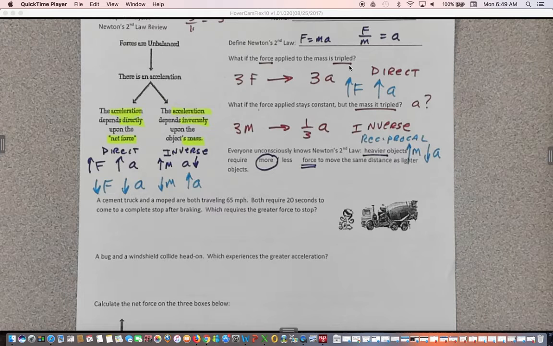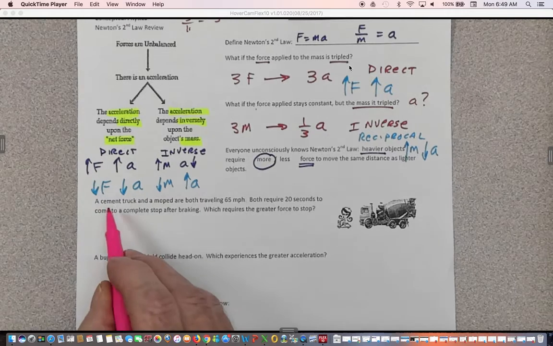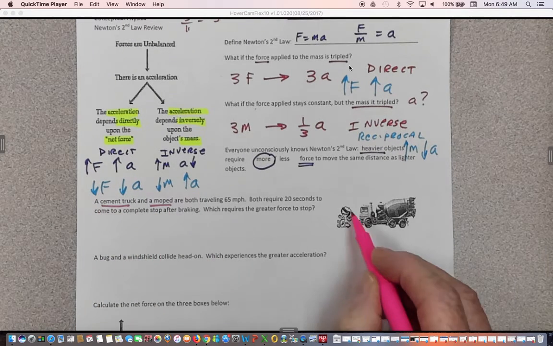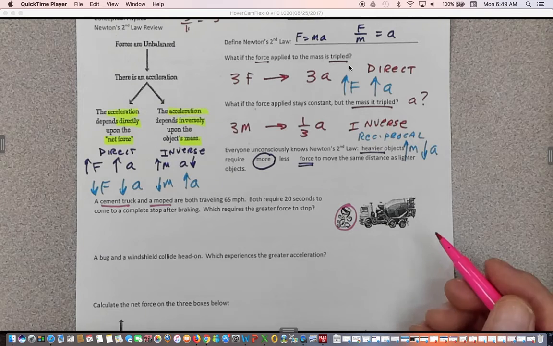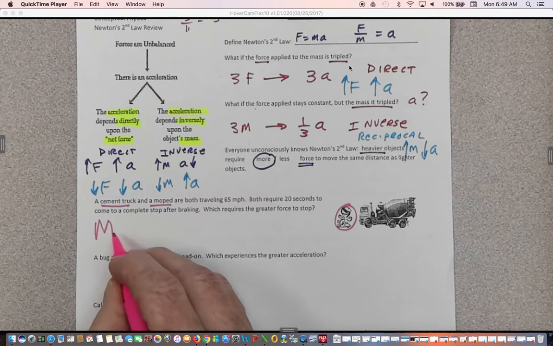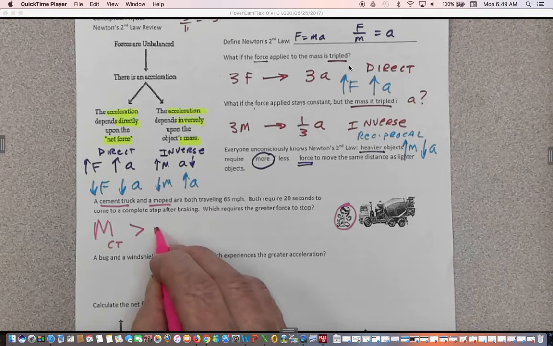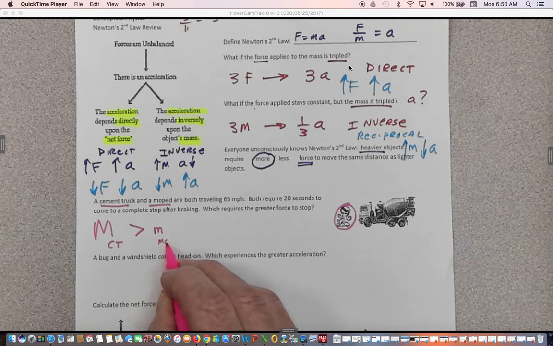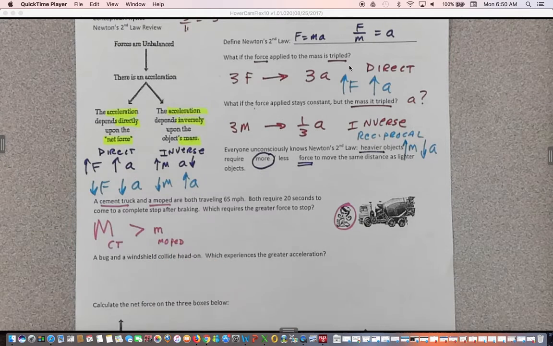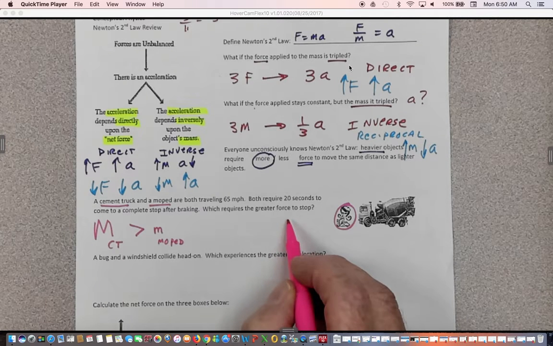The next question says a cement truck and a moped. A moped is a small motorcycle. The mass of the cement truck is huge compared to the very small mass of the moped. Notice I did that. Who's going to require greater force?